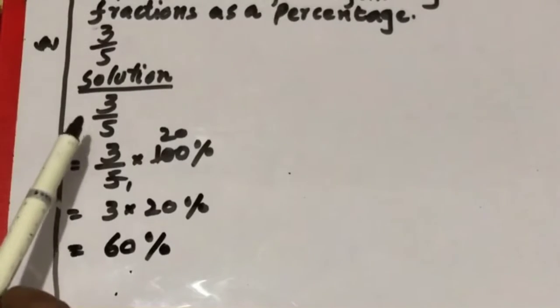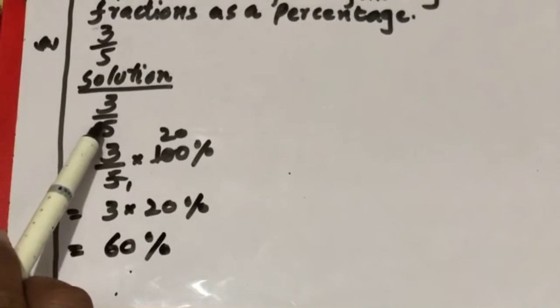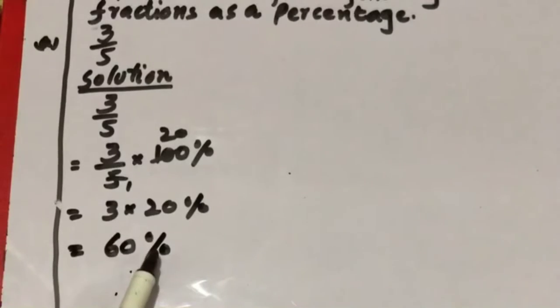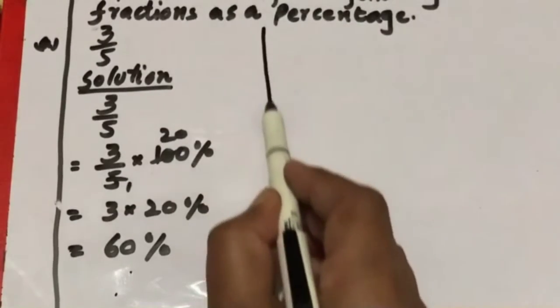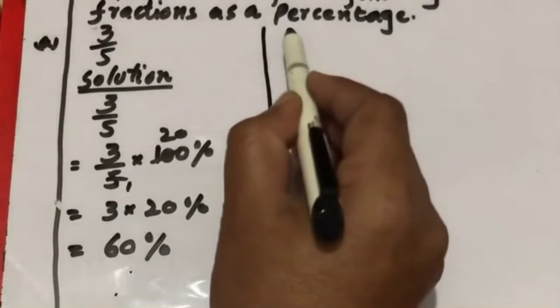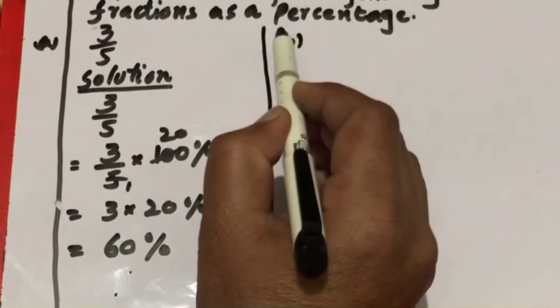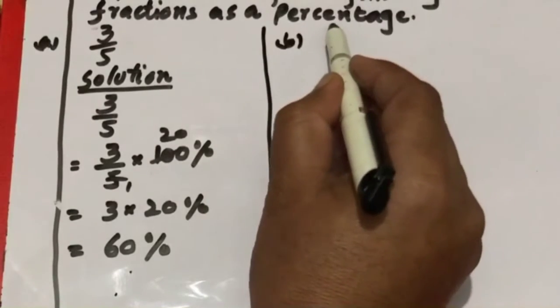So now we have converted 3 by 5 into percentage, which is 60%. So 3 by 5 can be written in percentage as 60%. You can convert any fractions into the percentage by multiplying it by 100%. Now we are going to solve the next part of question number 3, which is 9 by 10.